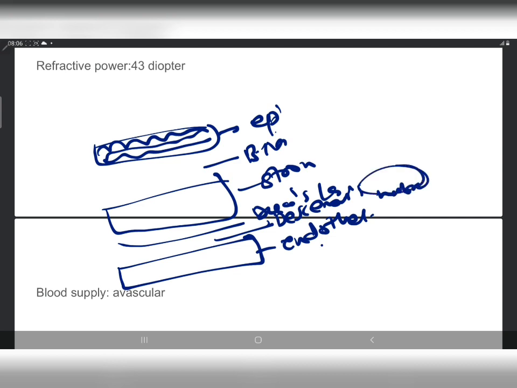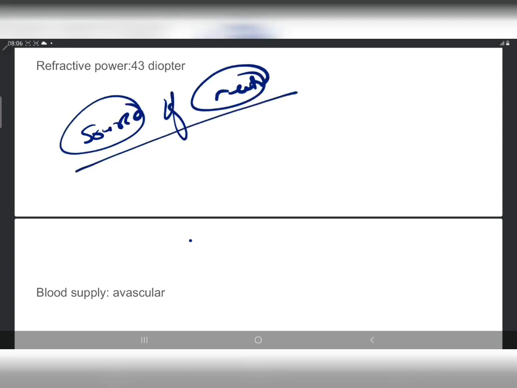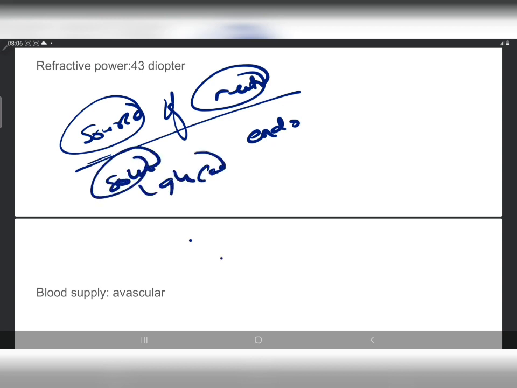What is the metabolism of the cornea? Let us talk about the source of nutrients for metabolism. This metabolism mainly takes place in the endothelium and the epithelium, and the source of nutrients are solutes like glucose and others.